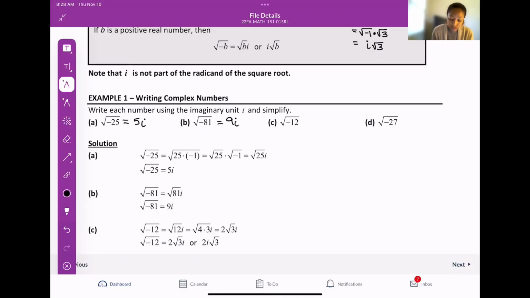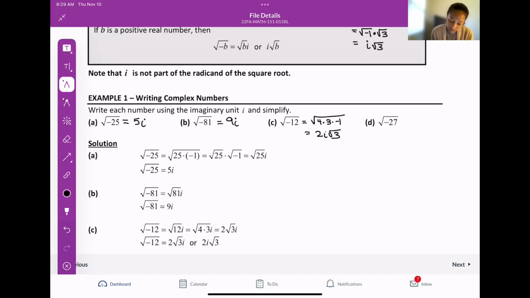The square root of -12, now we don't know the square root of 12, so we have to simplify that a little bit, but we can say that this is the square root of 4 times 3 times -1. The square root of 4 is 2. The square root of -1 is i, and then we still have a 3 under there. So we get 2i times the square root of 3.